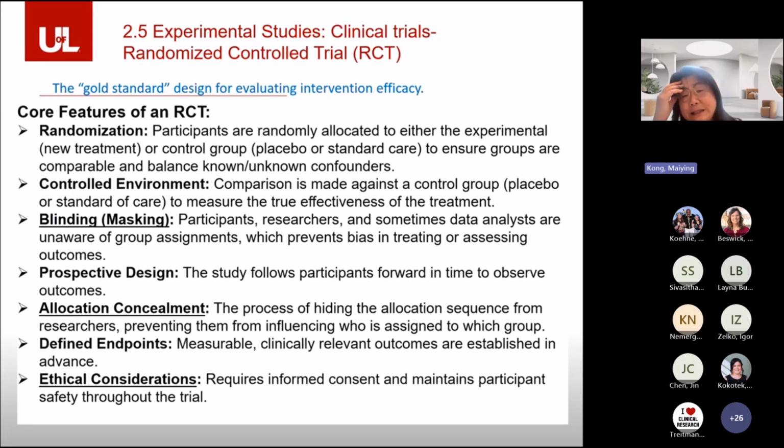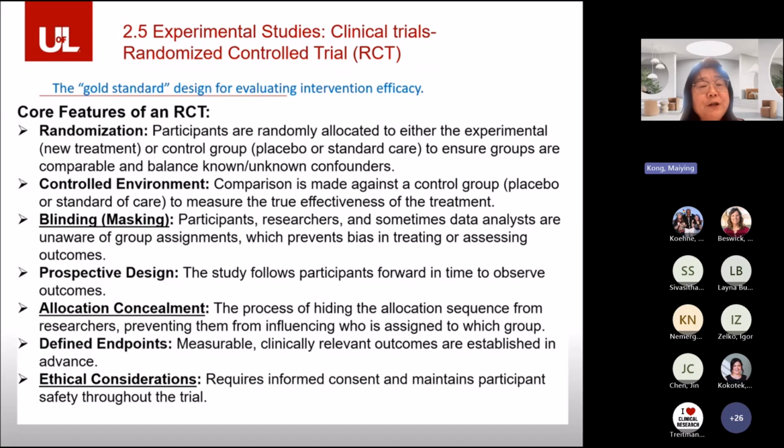Comparison is made against a control placebo group to measure the true effectiveness of the treatment. So it is randomized to the treatment or control. All these known and unknown confounders are balanced. That is the beauty of the randomization.